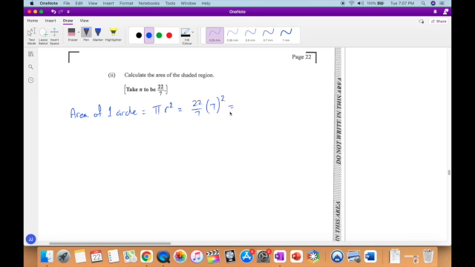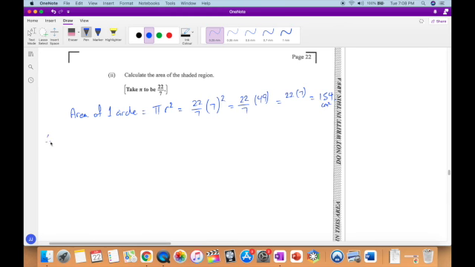Well, of course, this will cancel here. That is why they said to do that. So 7 7s are 49, so that's 22 over 7 into 49. And 7 into 49 will give you 7. So 49 divided by 7 is 7. So now we'll end up with 22 times 7, which is 154. So the area of one circle is 154 centimeters squared.